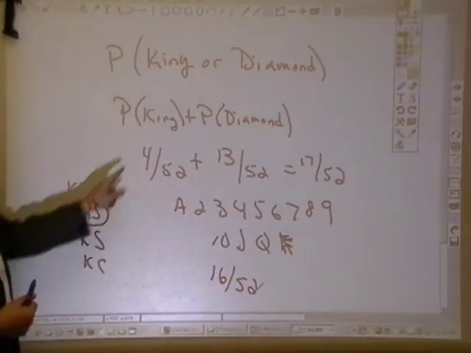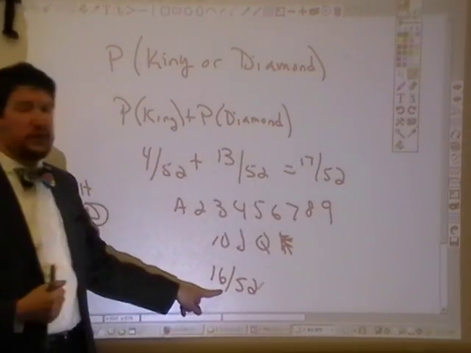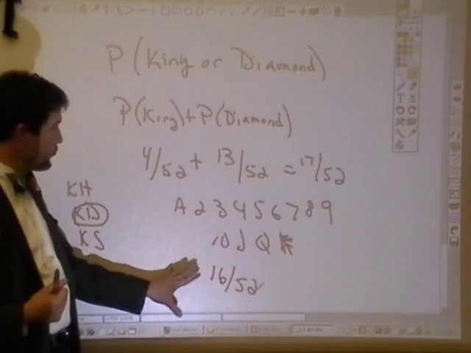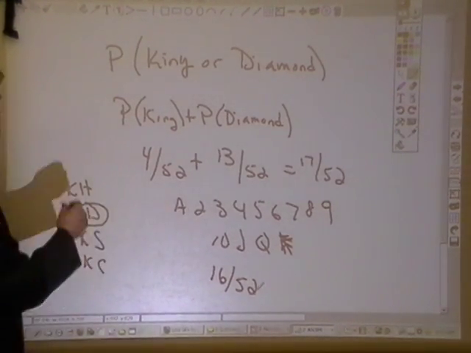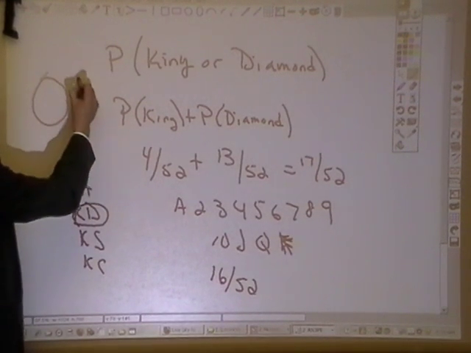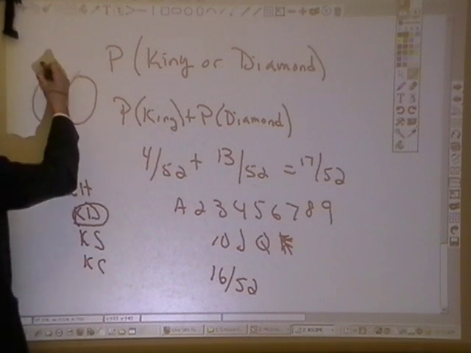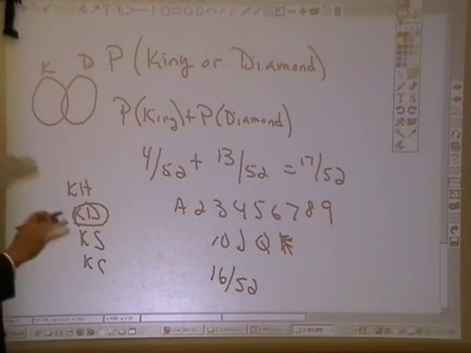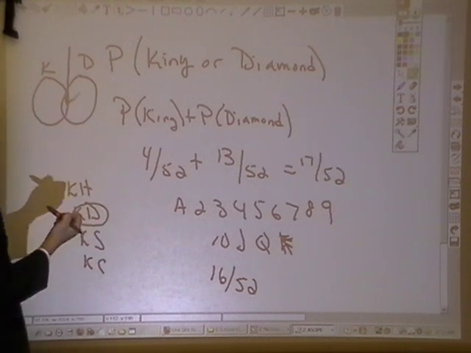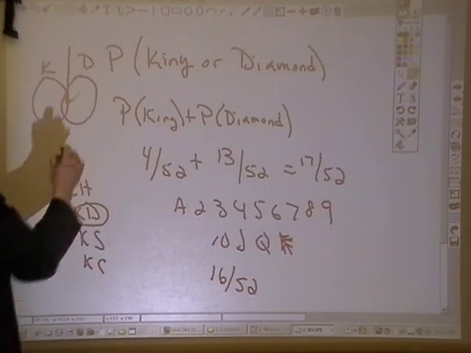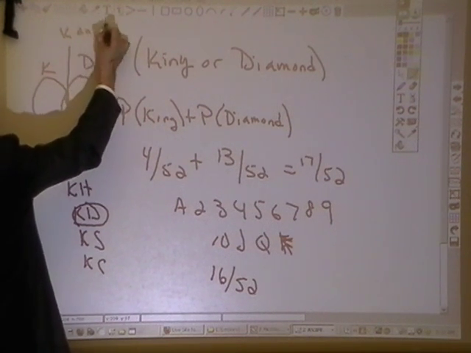So how do I go from 17 out of 52 to the correct answer of 16 out of 52? If I think about this as a Venn diagram, this image is not drawn to scale, here are the kings and here are the diamonds. These two groups intersect, and where they intersect is the king of diamonds. That is the card that is both a king and a diamond.